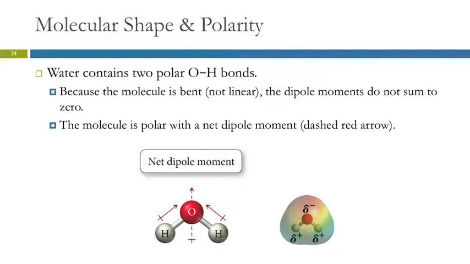Let's look at water. Water has two polar bonds also. Hydrogen and oxygen, hydrogen and oxygen. The direction is pointing towards the oxygen because it's more electronegative. When we take these two vectors and add them together, they don't add up to zero.